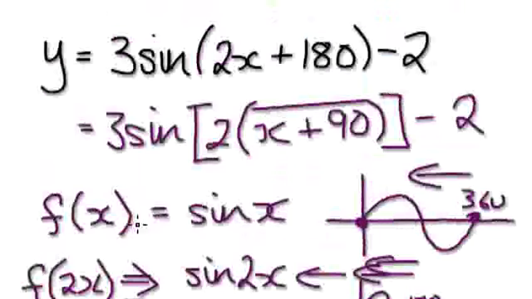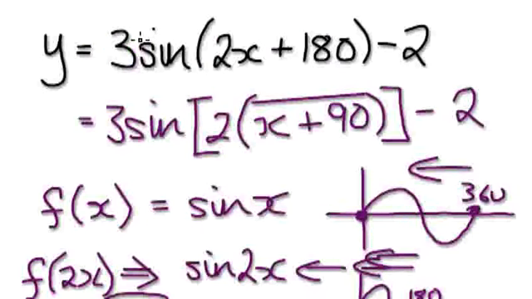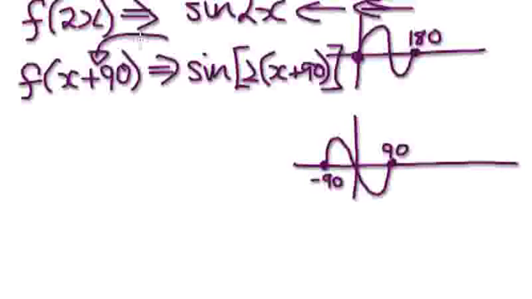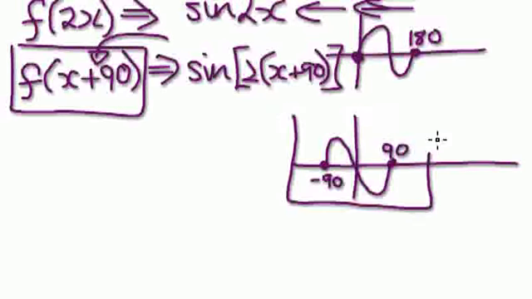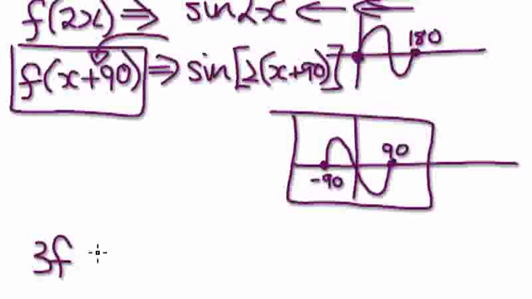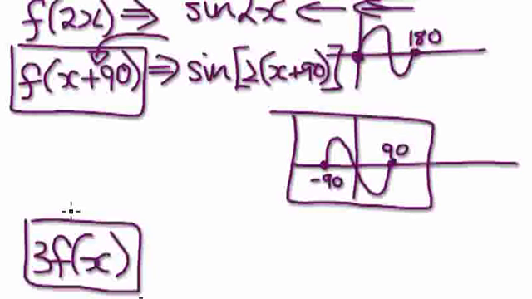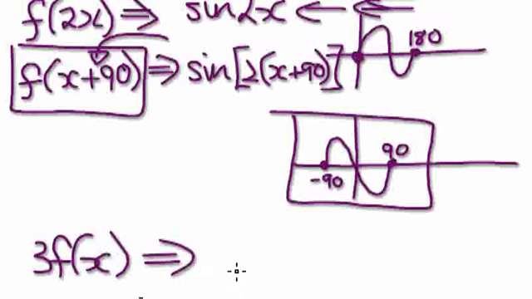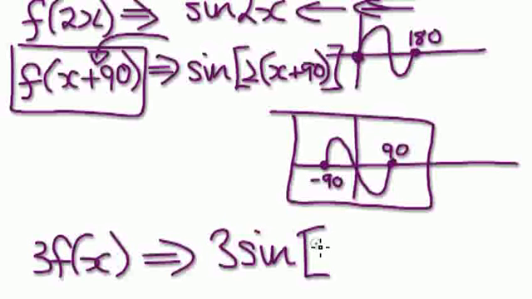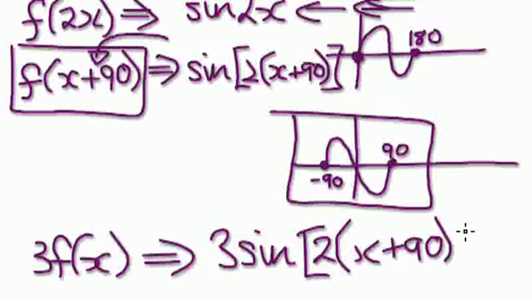Our next transformation would be to change the amplitude. Currently we are here, giving us this graph, and then our next transformation would be changing the amplitude. By applying this transformation we will get 3 sine bracket 2 bracket x plus 90, close it off.